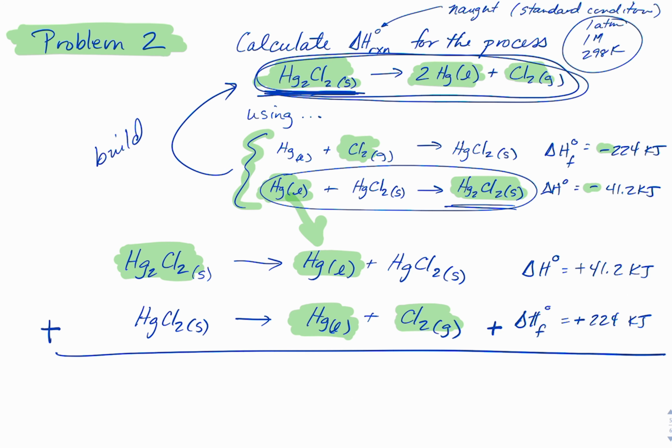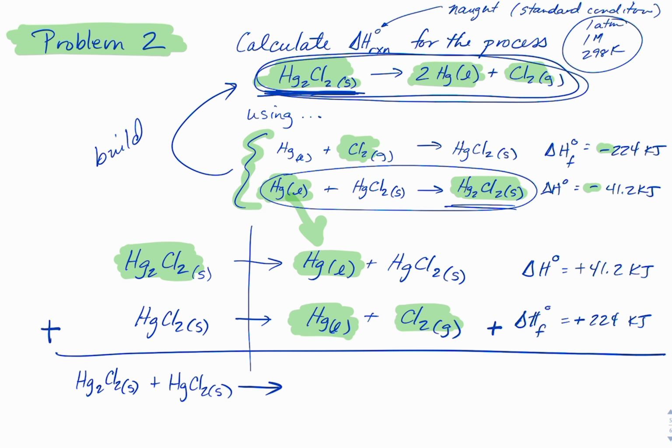So I'm going to write everything again. Hg2Cl2, which is solid, and I'm writing everything on the reactant side together, so this will be plus HgCl2, solid. Then I put the yield sign.